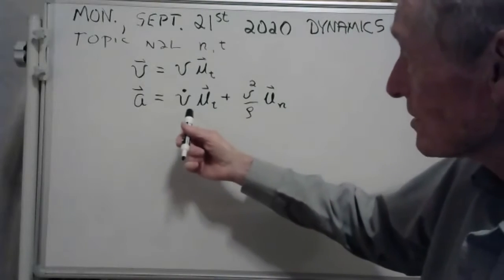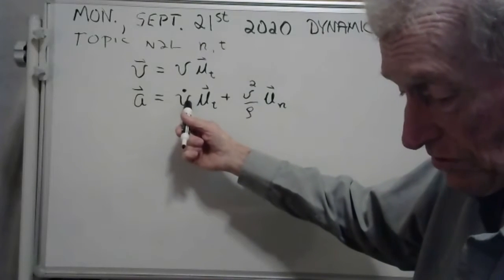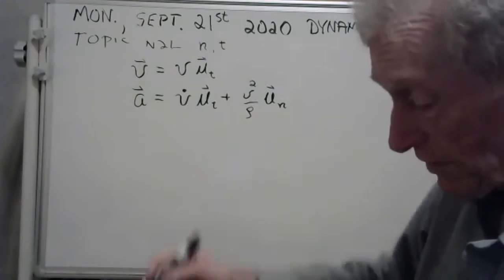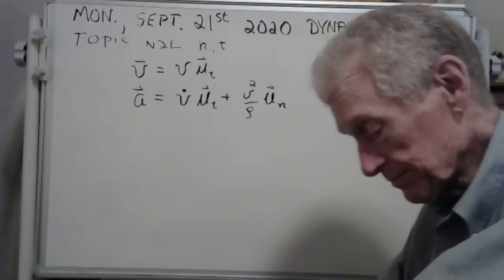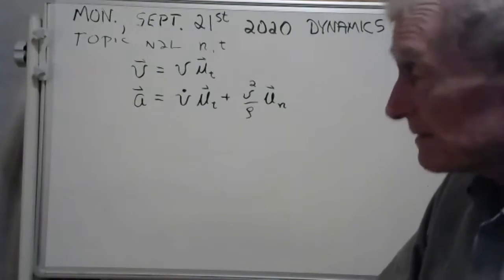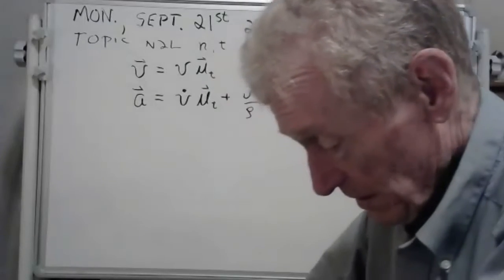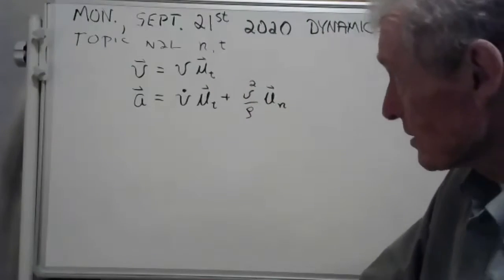See, this is the tangential component of the acceleration. Some people call that the speed. And this is the normal component of the acceleration.